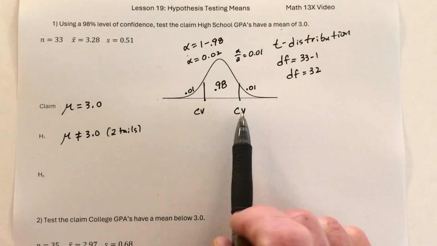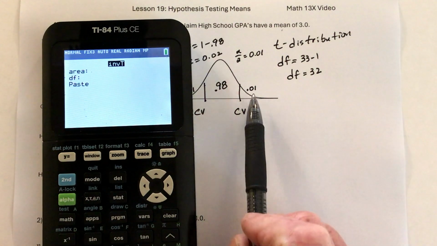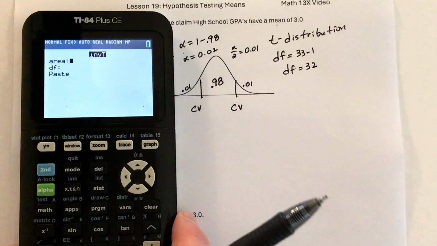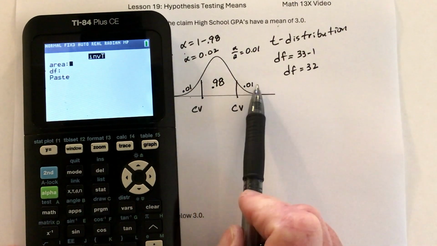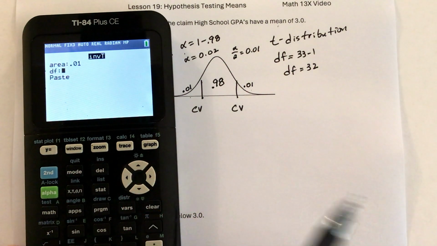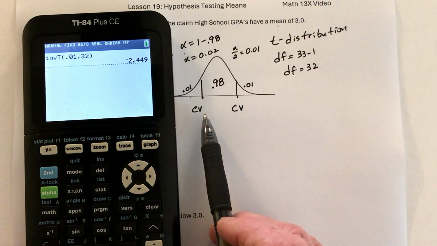All right, now I'm ready to use the calculator to find the critical value. The area is 0.01, and you could use either the left side or the right side. So I tell it the area is 0.01, and degrees of freedom is 32. When you paste and hit enter, it gives me a negative 2.449, so it's giving me the one on the left.